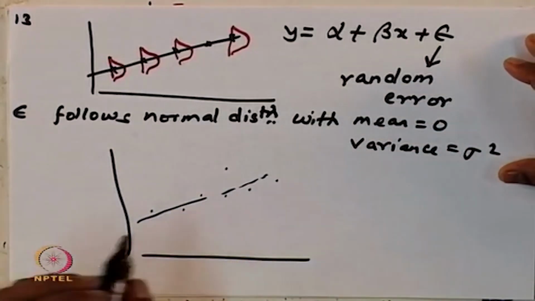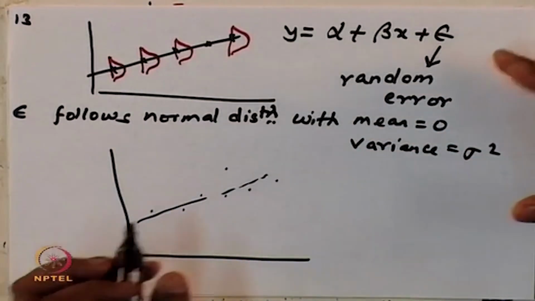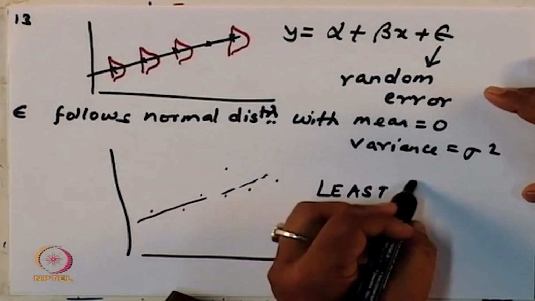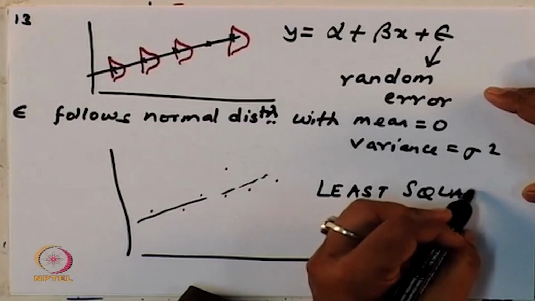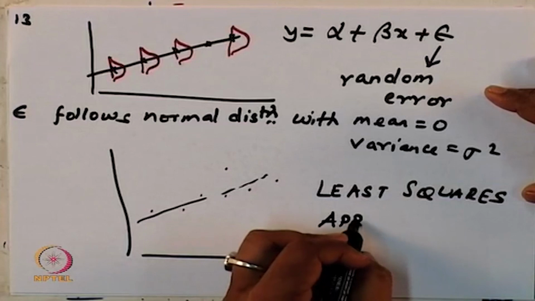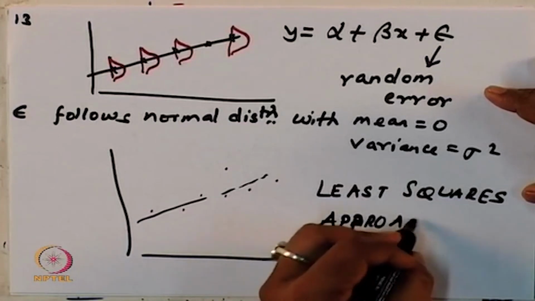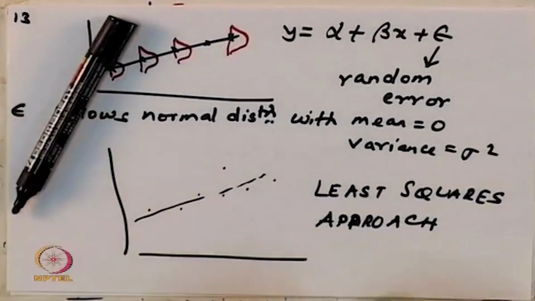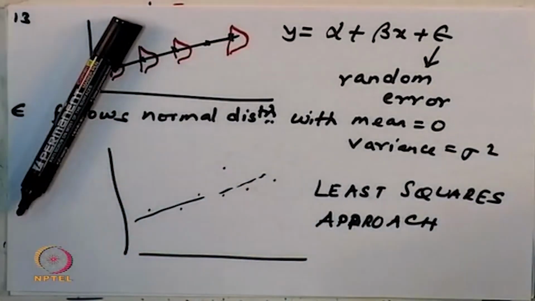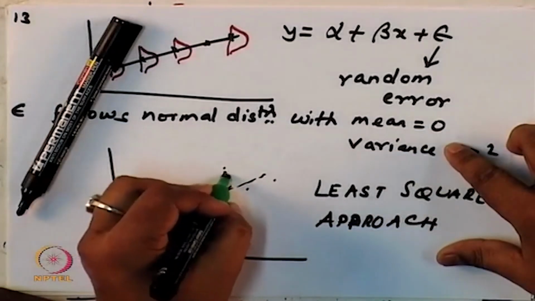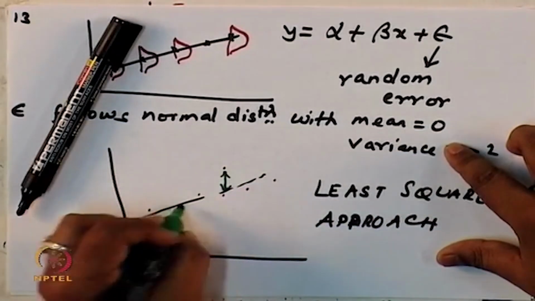And as you have done earlier, you know that we use the least squares approach. What the least squares approach does is essentially minimize these errors on both sides of this line.